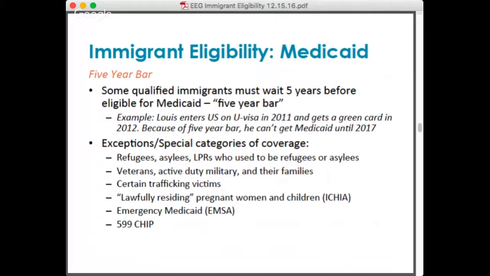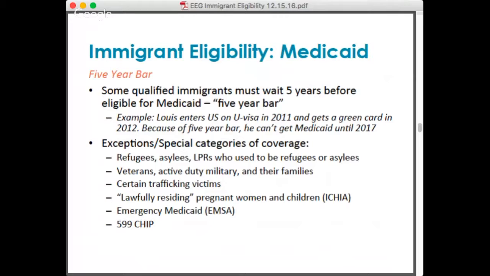So just to walk back through before we start jumping into some of these more exception-y categories. To be eligible for Medicaid, you have to have a low income or assets. That depends on what personal characteristics you have, and what category you fall into, like child or pregnant woman.